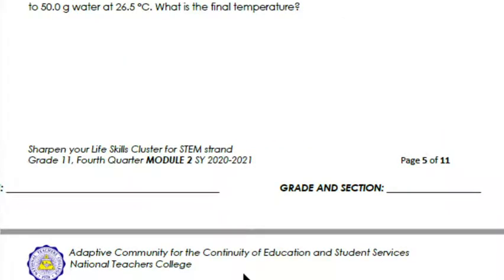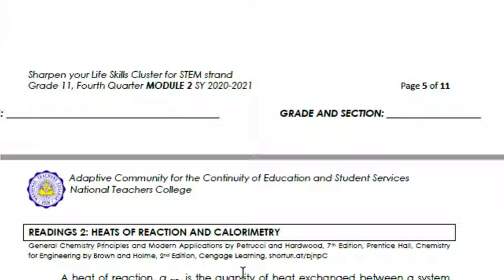So for readings 2, heats of reaction and calorimetry, we are still in heat, but this time by the use of devices. So a heat of reaction is the quantity of heat exchange between a system and its surroundings when a chemical reaction occurs within the system at constant temperature.